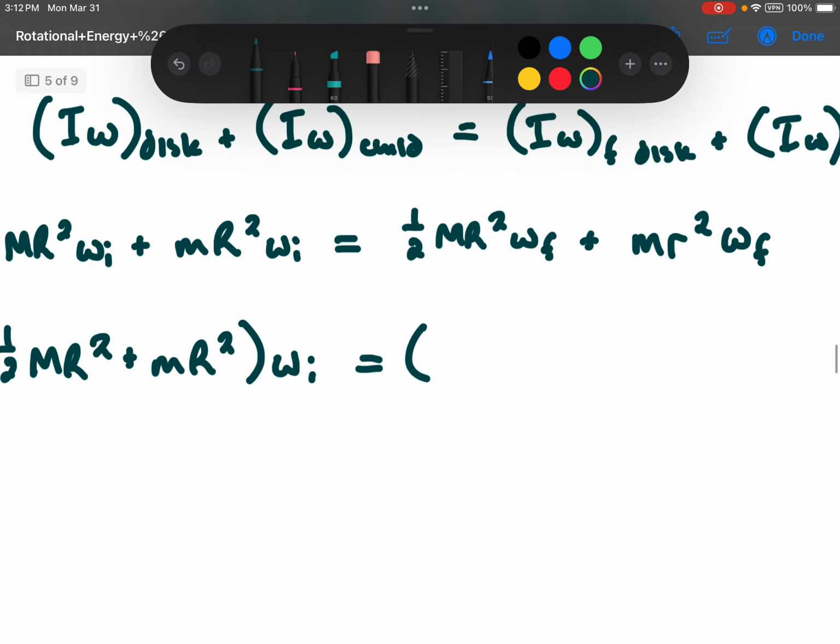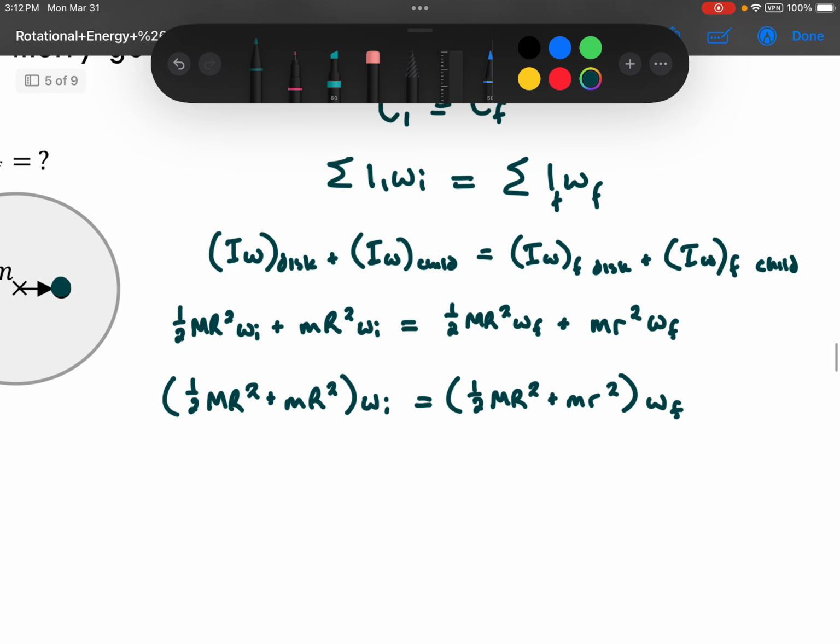So 1/2 big M big R squared plus little m little r squared times omega f. And we are looking for that final angular velocity. To isolate it, we divide both sides by 1/2 big M R squared plus little m little r squared.